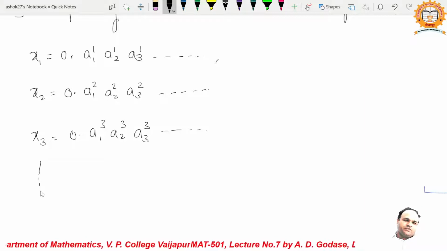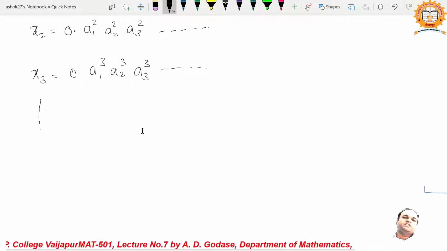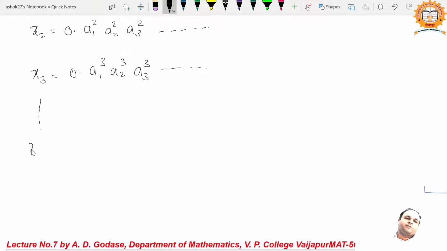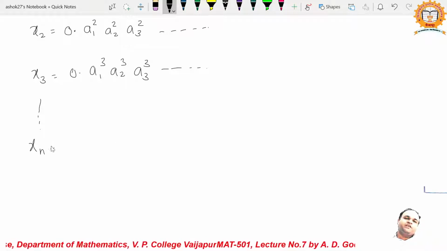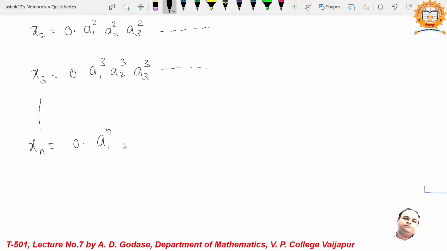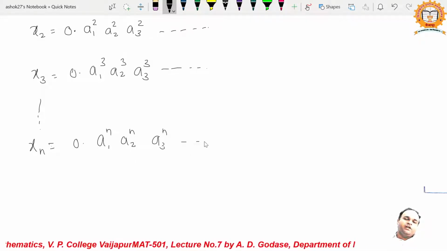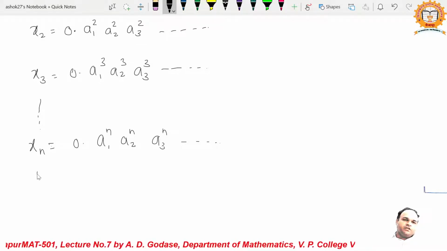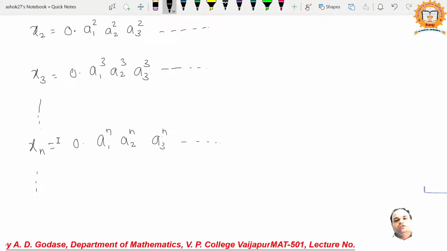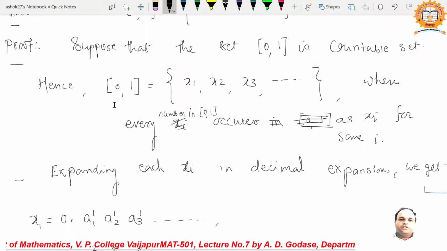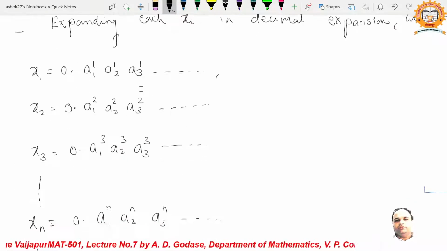You can continue this process, and the decimal expansion of xn will be 0 point a1n, a2n, a3n and so on. You can continue this for all numbers in the closed interval [0, 1].